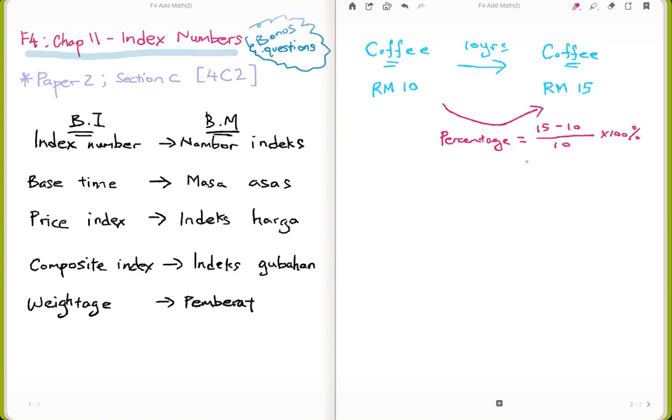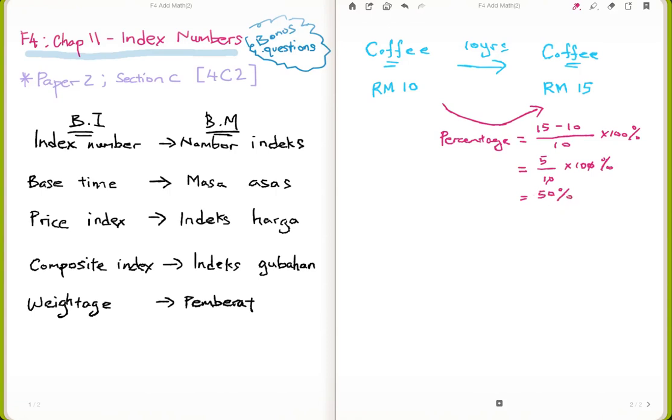Now, this is to remind you how you get percentage. So this is 5 over 10 times 100. So it turns out to be 50% increase. Right?